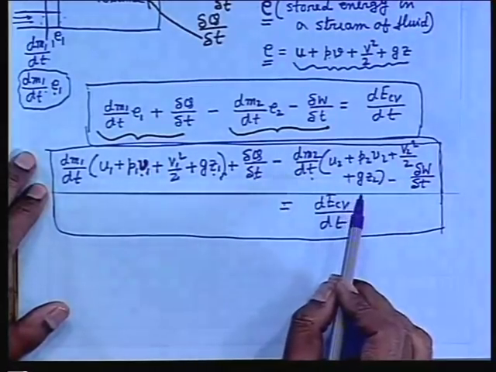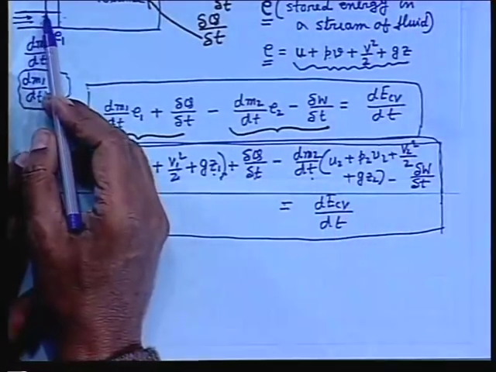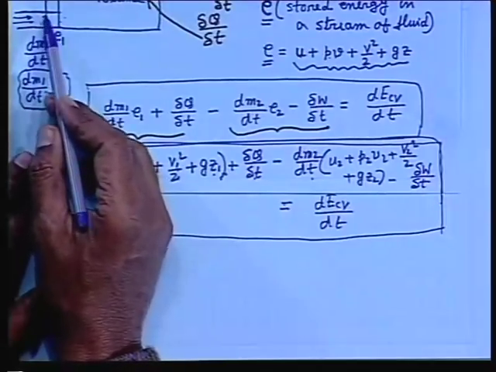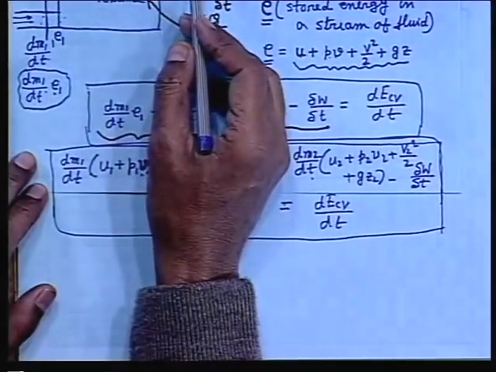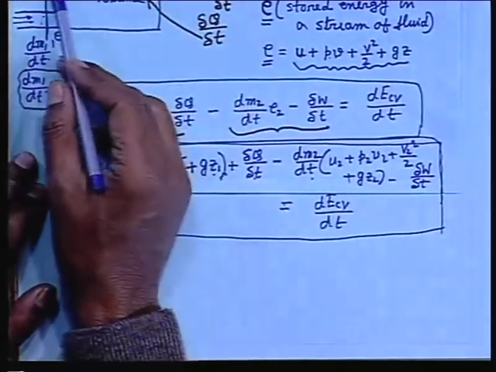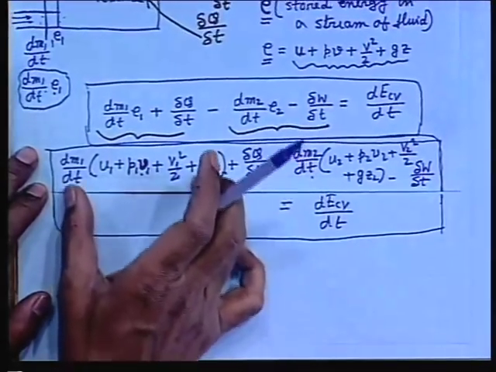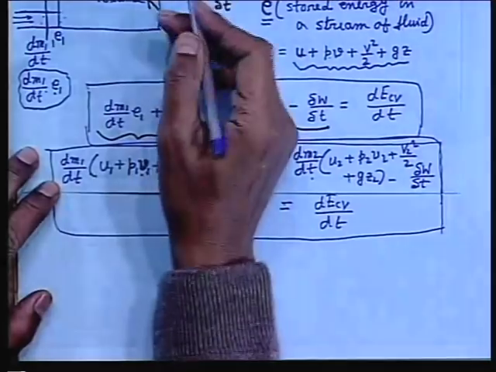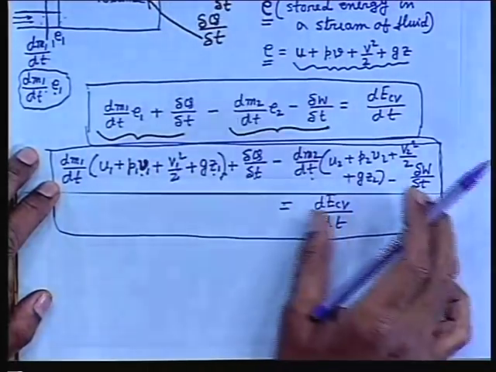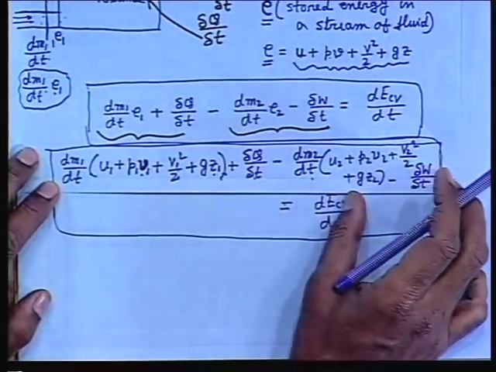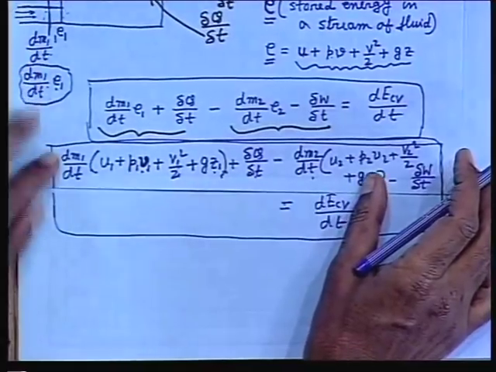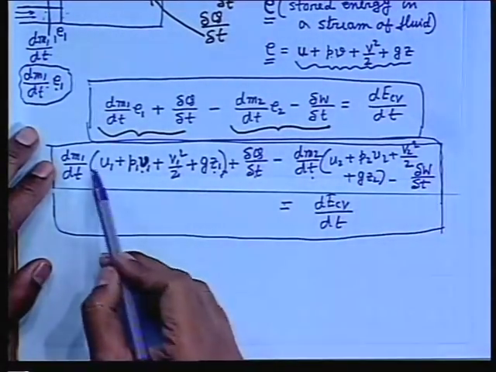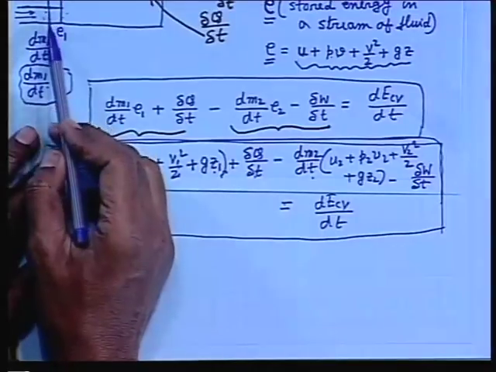Here what have we assumed? We have assumed that the properties at the inlet stream and the outlet streams are invariant with time. There may be multiple inlet streams, where we go on adding all the energy quantities, and there may be multiple outlet streams, which we go on adding at the outlet. So the only simplification in this analysis of thermodynamics is that this is invariant with time and uniform across a cross section.